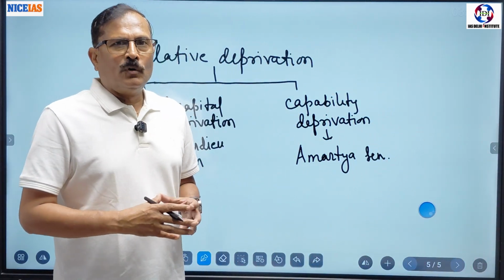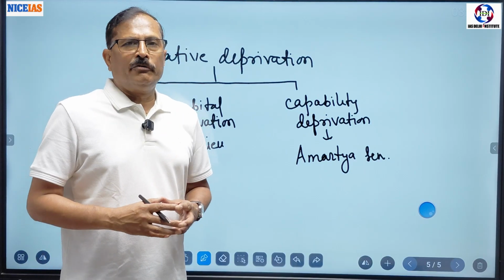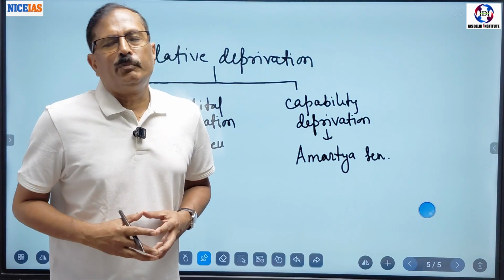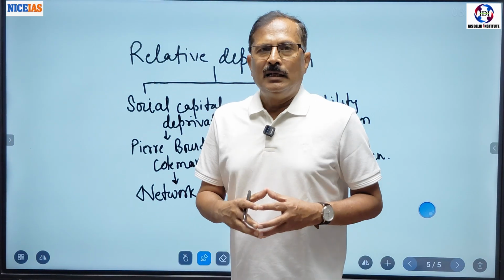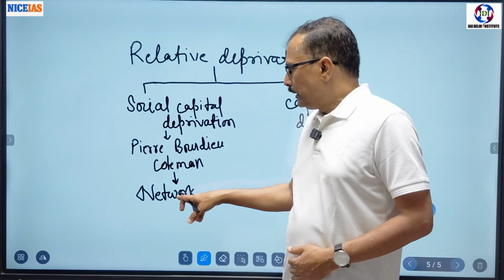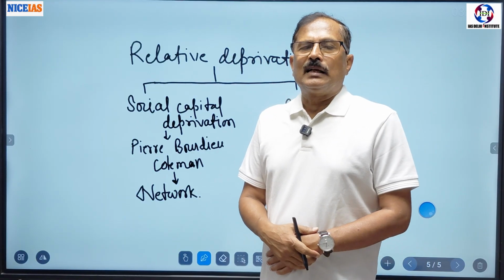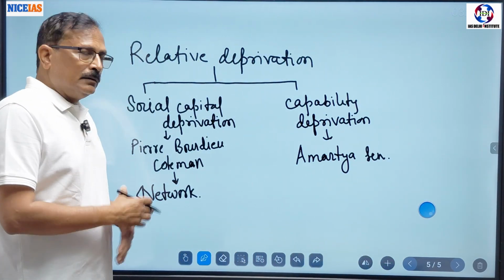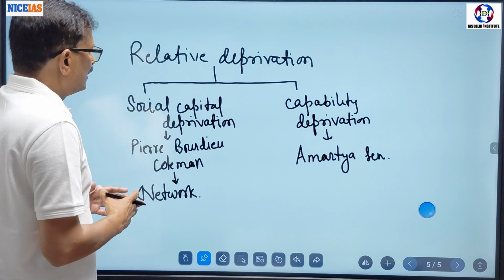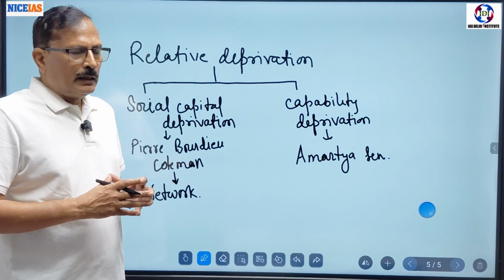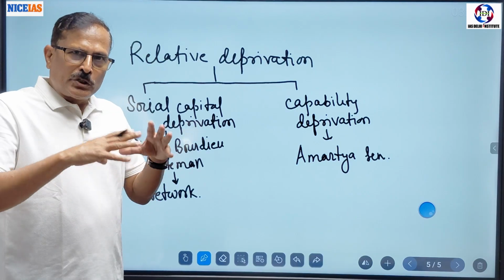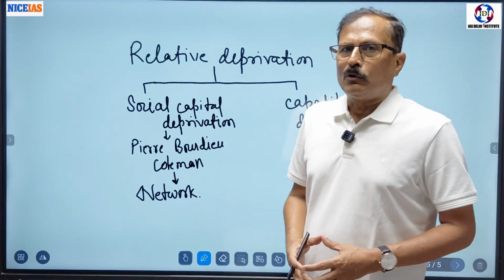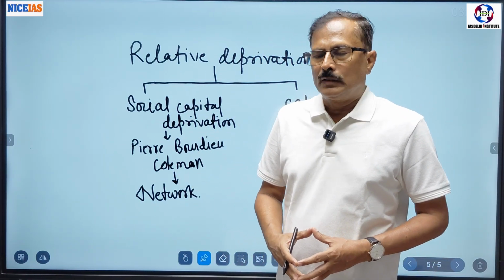This way, these people work for sustainable treatment of poverty. It means poverty alleviation, to be sustainable, requires social capital. This approach takes into account the structure of society as a whole, and that's why it is linked with the concept of social exclusion.